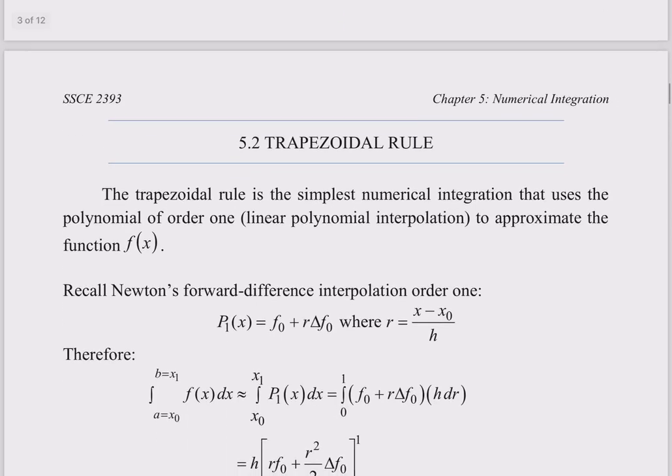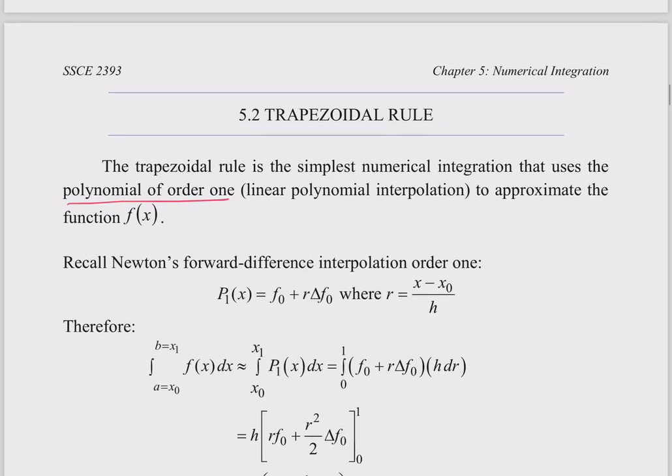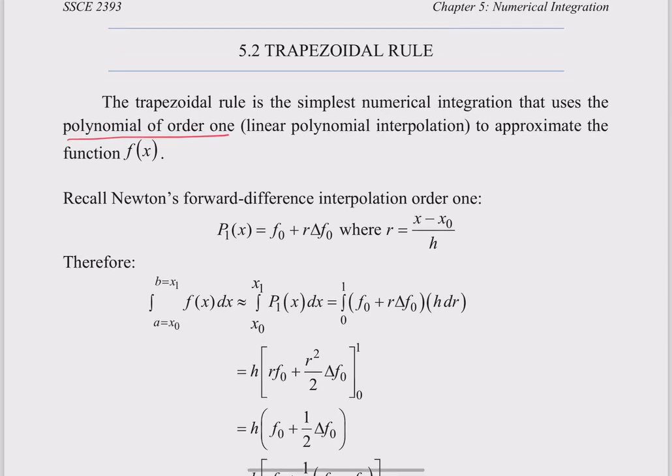As you can read, it is the simplest numerical integration that uses a polynomial of order 1. Here is some explanation you already know from interpolation. If we have a tabulated function, then we can approximate a polynomial of degree n that we want.